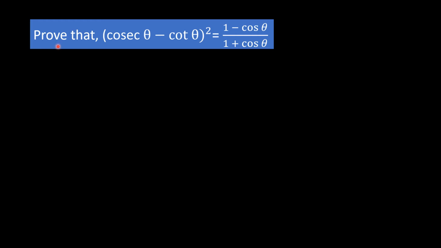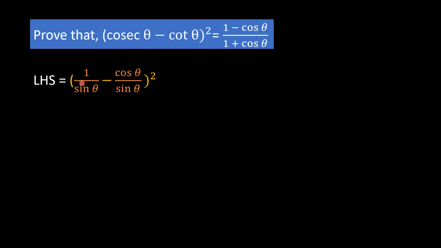Prove that (cosec theta minus cot theta) whole squared equals (1 minus cos theta) divided by (1 plus cos theta). We write LHS as, in place of cosec theta we will write 1 divided by sin theta. In place of cot theta we will write cos theta divided by sin theta.